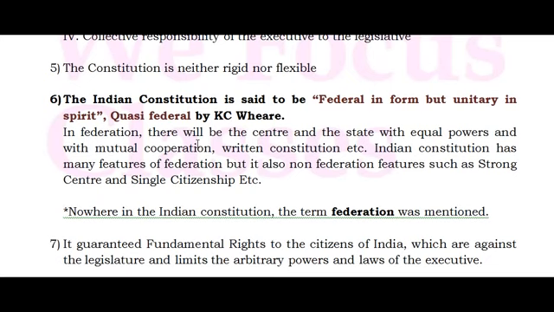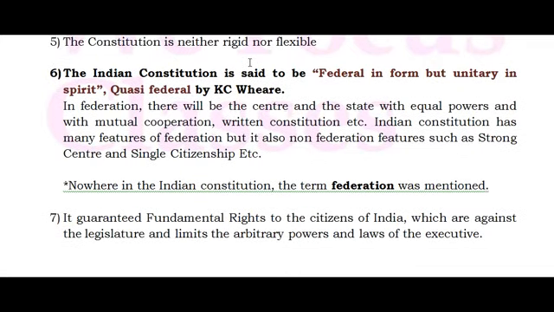Rigid is stronger: we need a clear majority, and the amendment should also be ratified by the states. Our constitution requires a clear majority for some amendments and a simple majority for others. So sometimes our constitution is very rigid and sometimes it is flexible. So we say that it's neither rigid nor flexible.